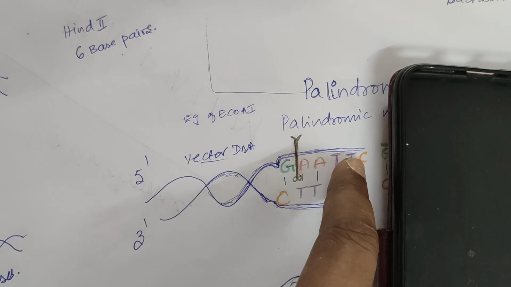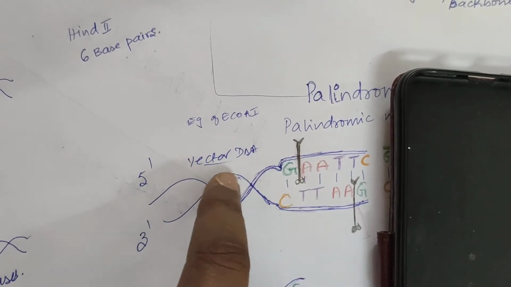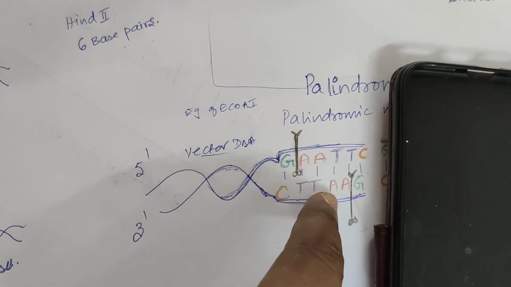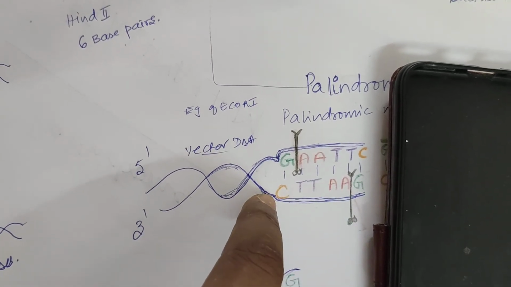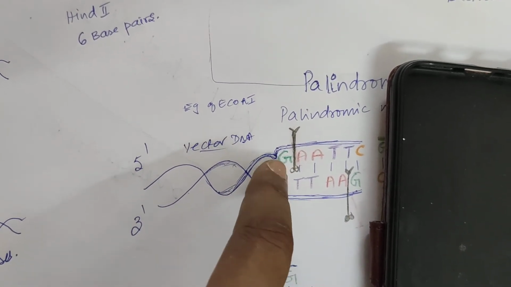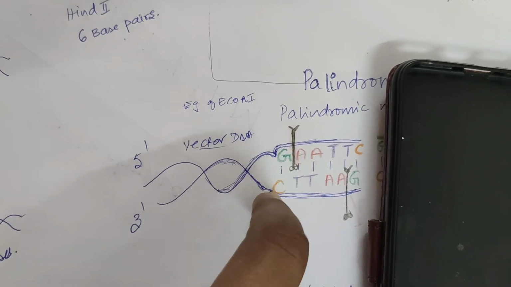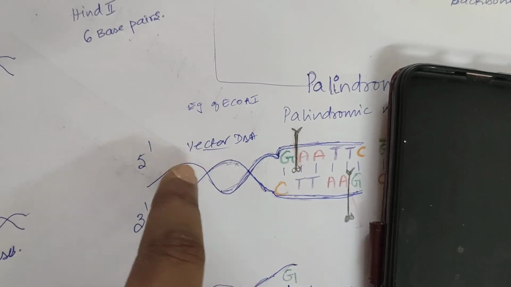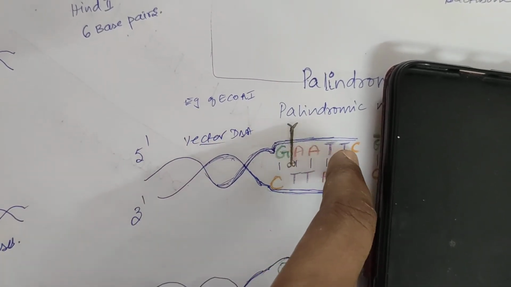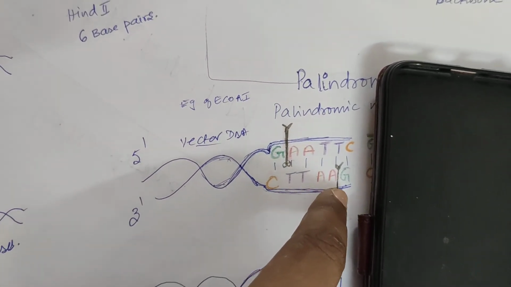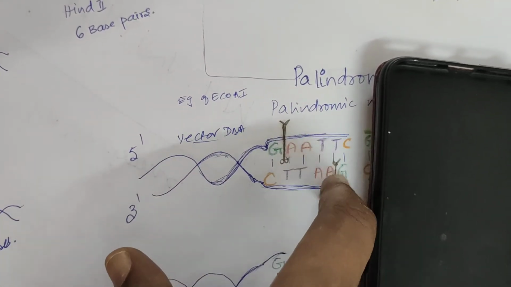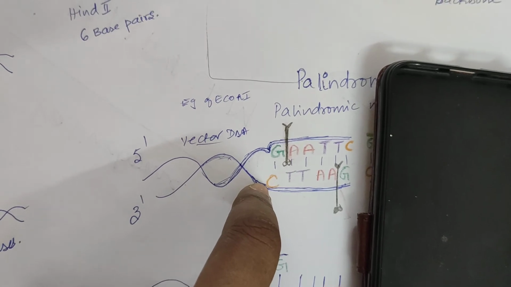Now in this direction also, if you see this strand, it is GAATTC. I have drawn this to show the hydrogen bonding: G with C and A with T. So on this strand you see this sequence GAATTC, and on this side also it is GAATTC. Such a palindrome is what the restriction endonuclease will identify.